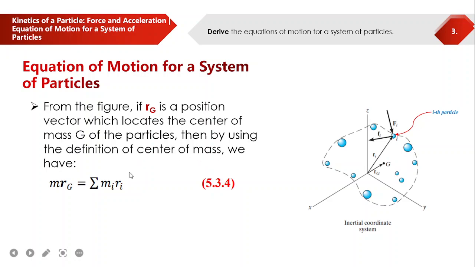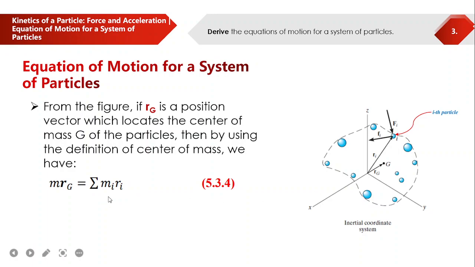Kumbaga, yung position vector na nilocate natin sa buong system natin: mass times r sub g is equal to the summation of mass times each r sub i, or the distance of the particle to the origin, kumbaga.